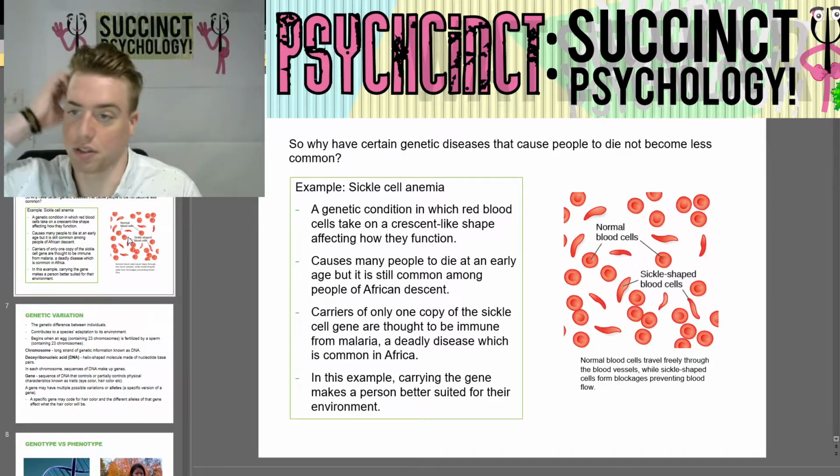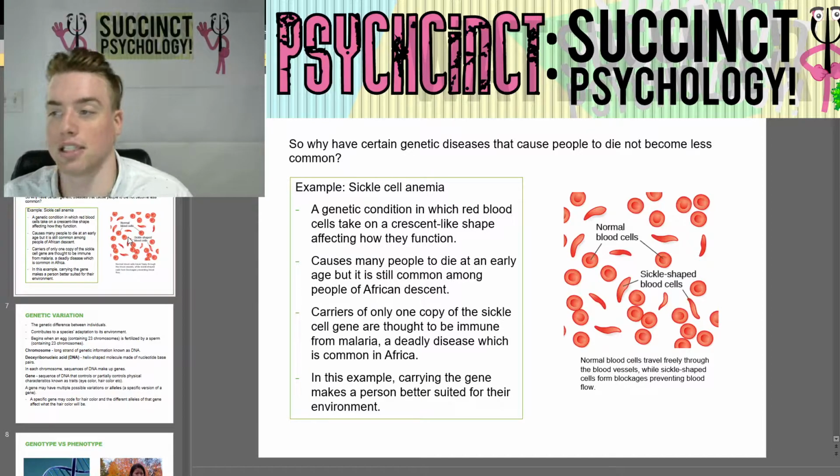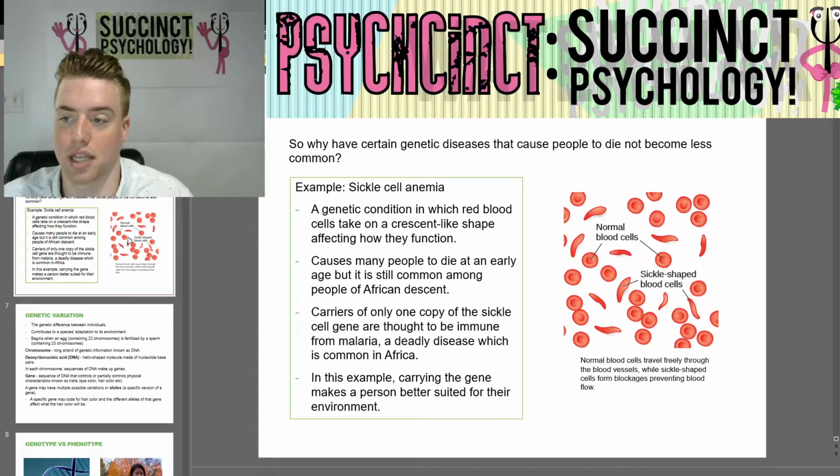Continuing with the theory of evolution, we have a little question here. Why have certain genetic diseases that cause people to die not become less common? For an example, we have sickle cell anemia. Sickle cell anemia is a genetic condition in which red blood cells take on a crescent-like shape, affecting how they function. This causes many people to die at an early age, but it is still common among people of African descent.